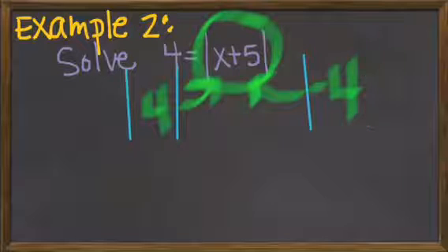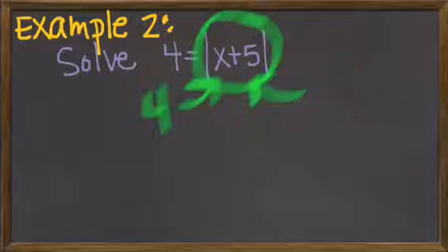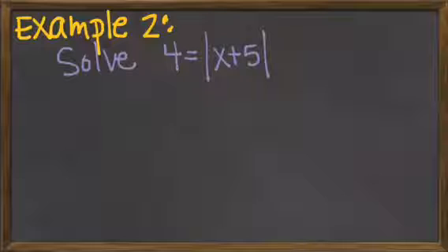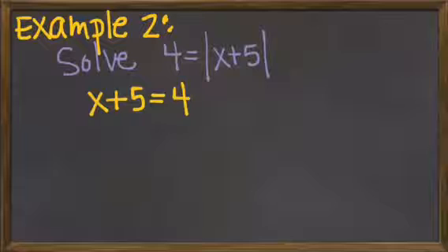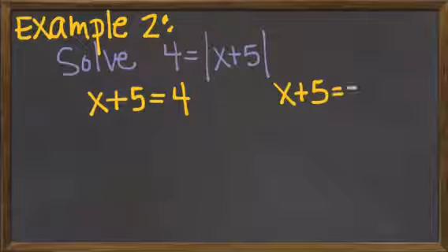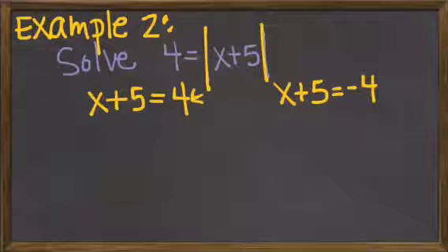So because it could equal 4 or -4, we are going to solve both equations. So we are going to solve the inside of the absolute value is equal to 4, and we're also going to solve that equal to negative 4. Again, we need the absolute value to be equal to 4, which means it could be 4 or negative 4.